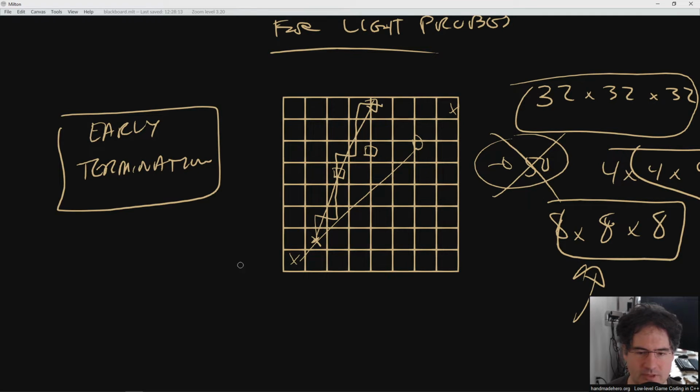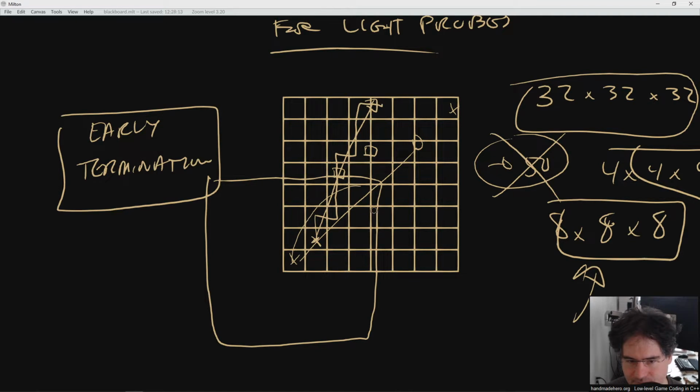Then what we can do is do the raycast in a local region, like this. And when this thing goes more than 4 squares, we just stop. We look at the light probe in the square where we stopped, and we use the light coming back in this direction as the answer, right?